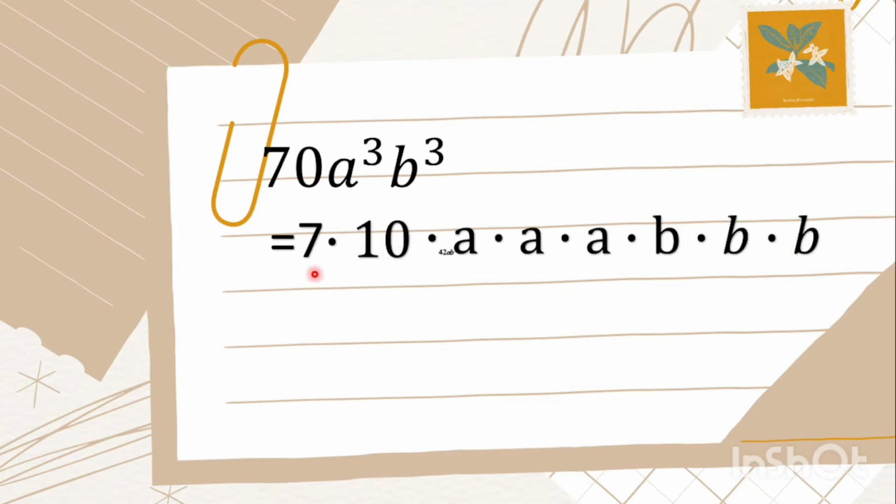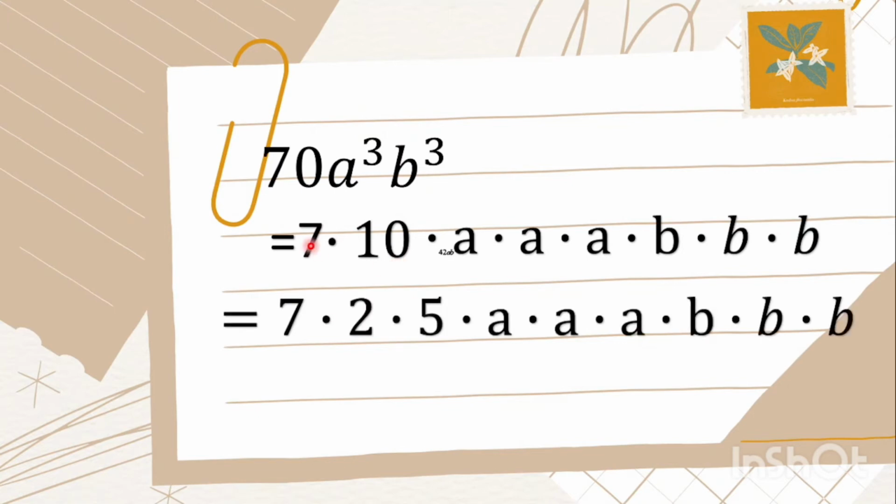Now, if you're going to look at the factors here, number 10 is not yet in its prime factorization. So we have to think of the factors of 10. So we can have 2 times 5, and we can rewrite it as 7 times 2 times 5 times A times A times A times B times B times B. So this 2 times 5 again is from 10 because these are the factors of 10.